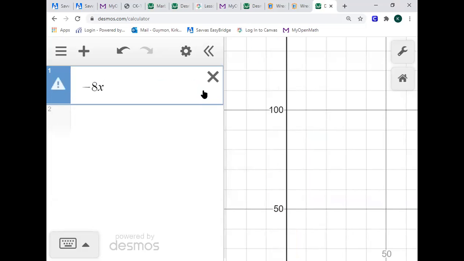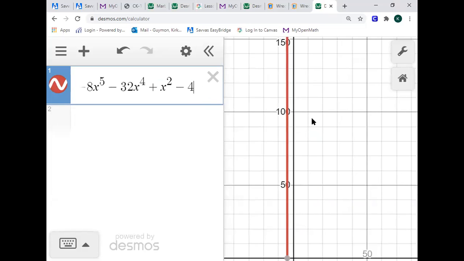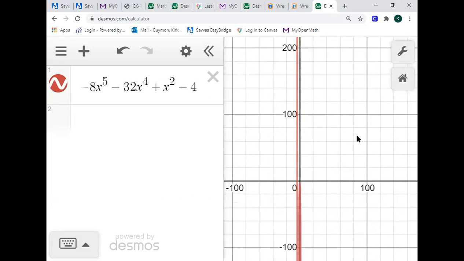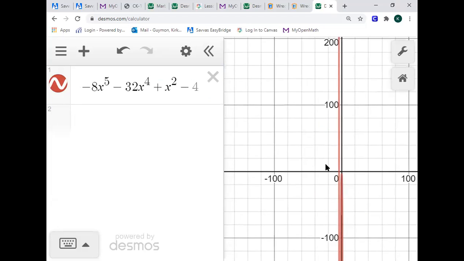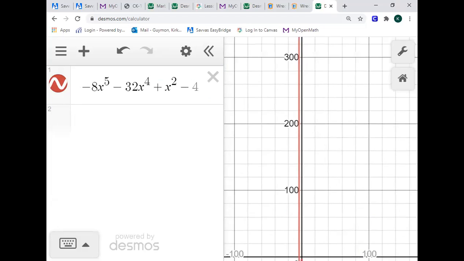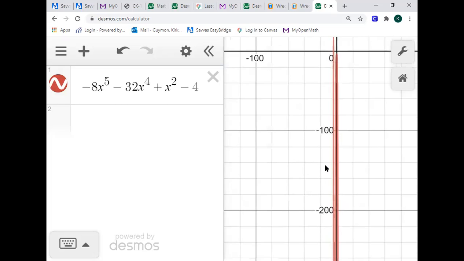8x to the 5th minus 32x to the 4th plus an x squared minus a 4. Let's see what we have there.